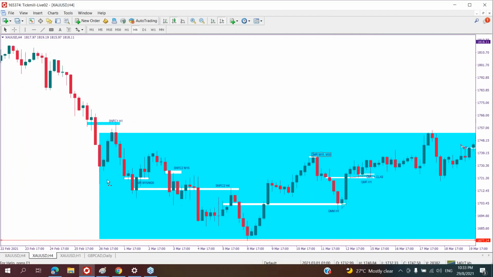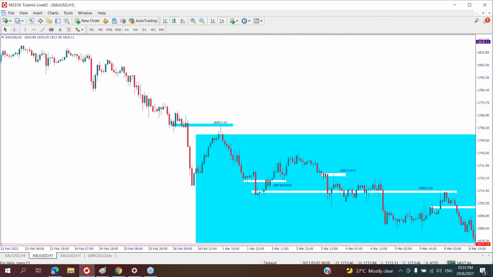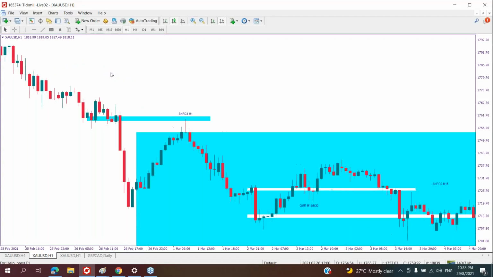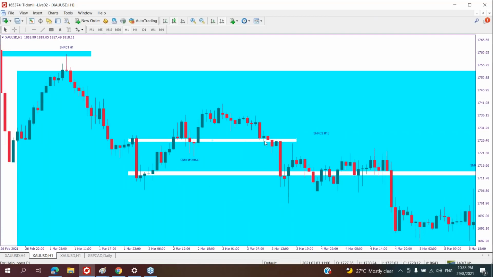Okay, in my recompounding, I made a little bit of a mistake. Okay, this is a strong resistance. This is drop base rally, and I was about to buy in here. I expected the price to fly, shoot, something like this, but unfortunately, price didn't fly.